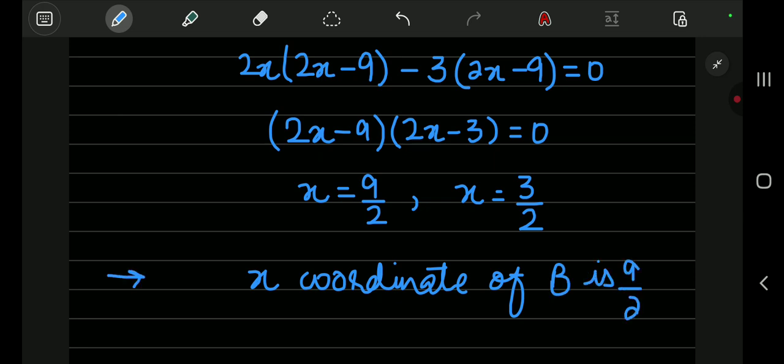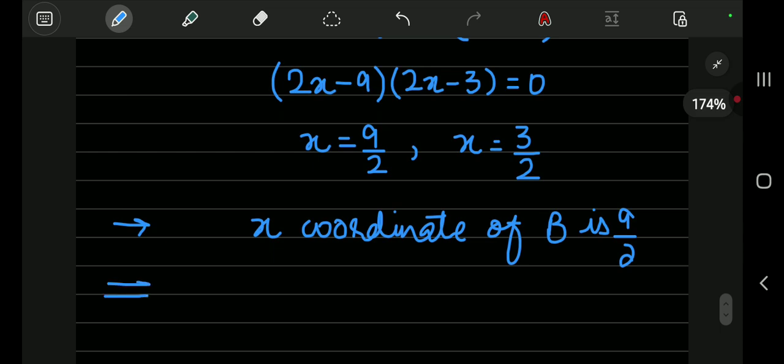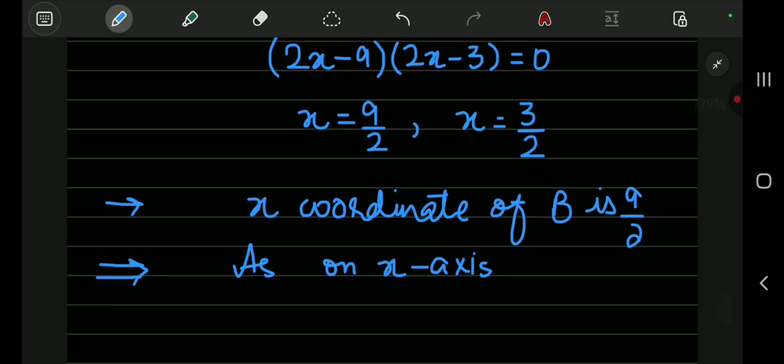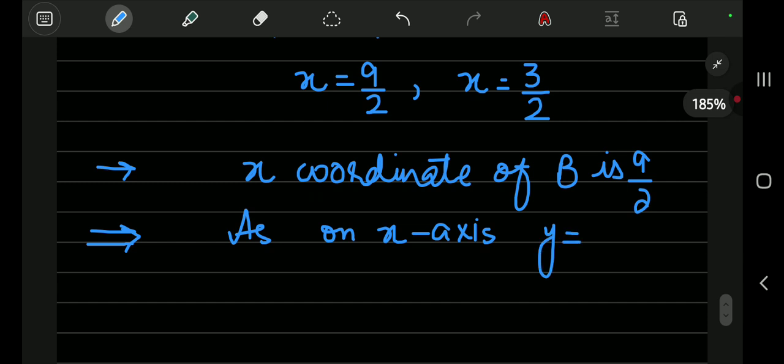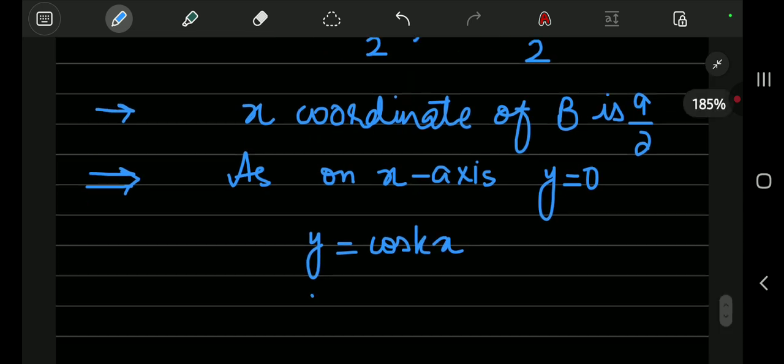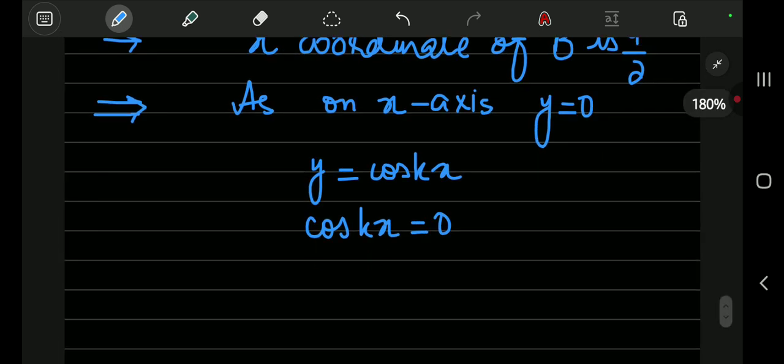Secondly, on the x-axis y is 0, so y equals cos kx will also give you cos kx equals 0.